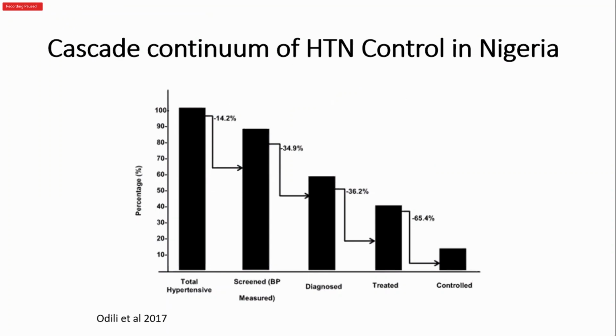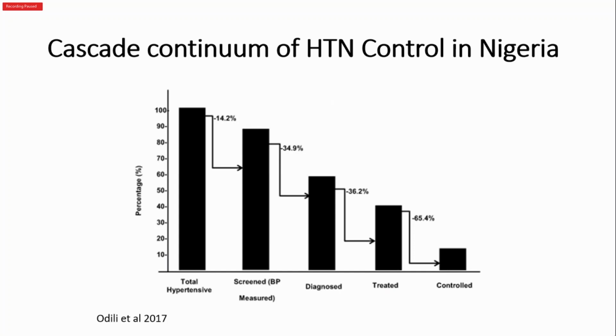Next slide. So looking at the cascade continuum of hypertension control in Nigeria, you can see that 100% of the people who have hypertension, for those who are measured or screened, you can see the percentage dropping to about 85%. Those who are finally diagnosed, about 60%.